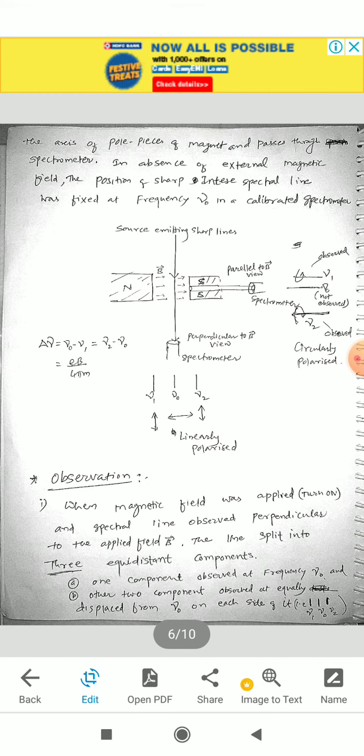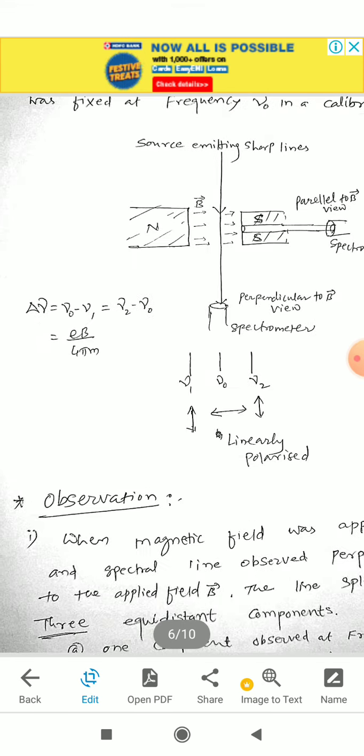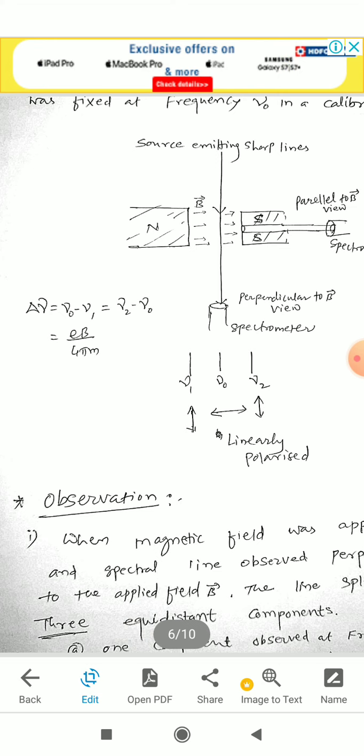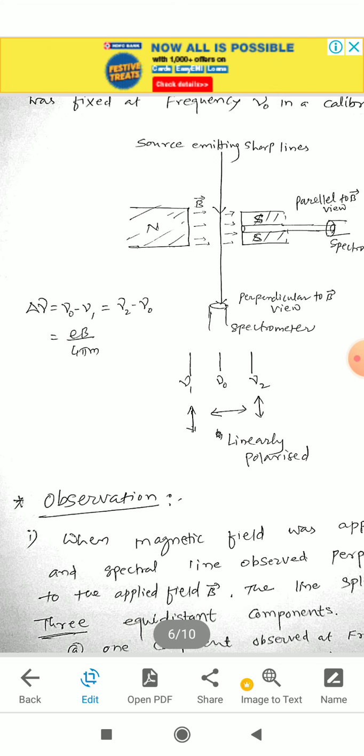And if you take the difference, that difference is nothing but the shift in the spectral lines, or Zeeman shift, also called delta nu, which equals nu naught minus nu 1, meaning the right-hand side has more frequency than the left-hand side.